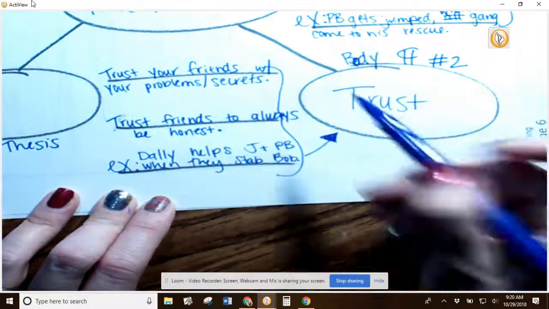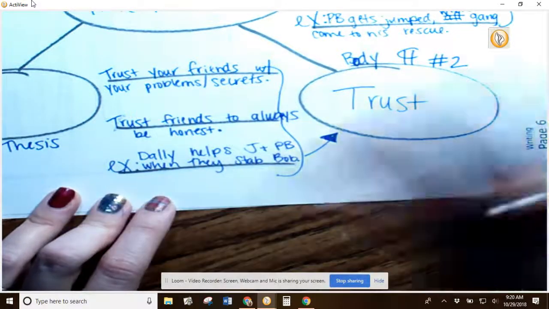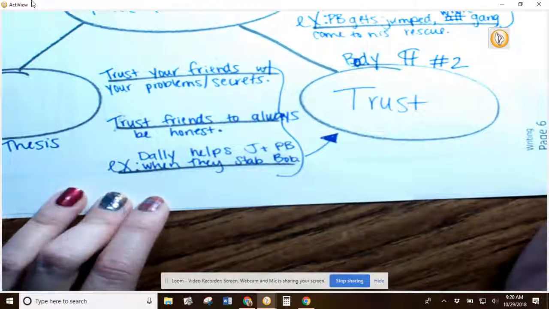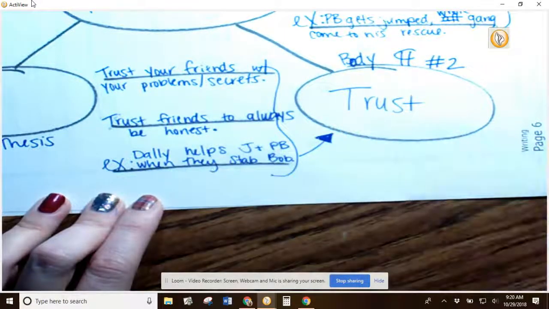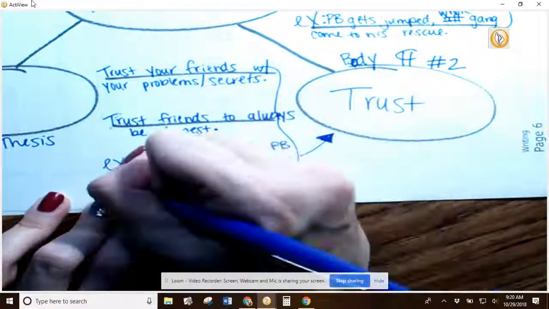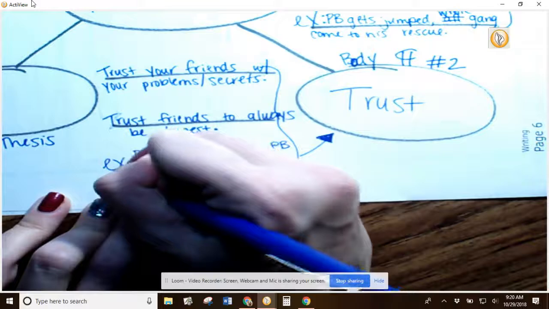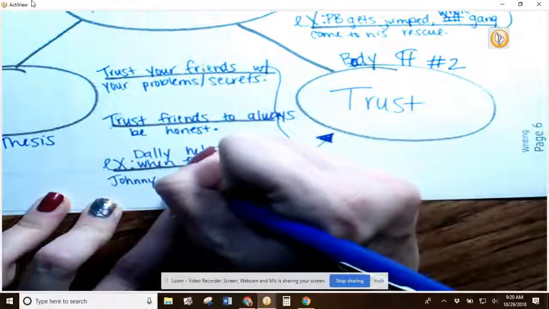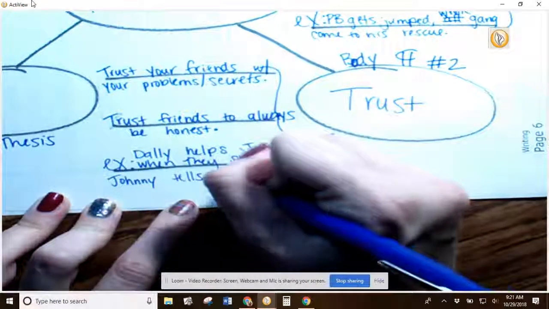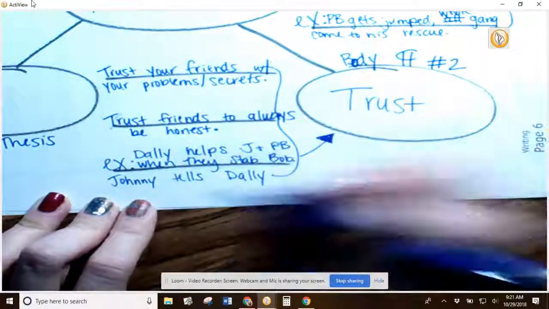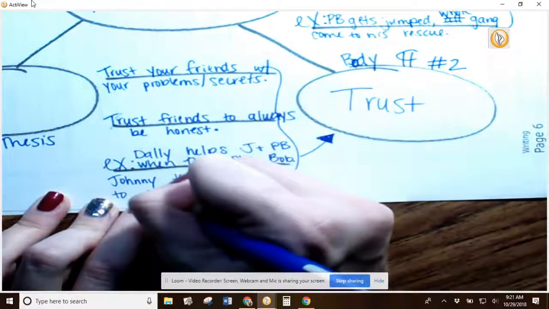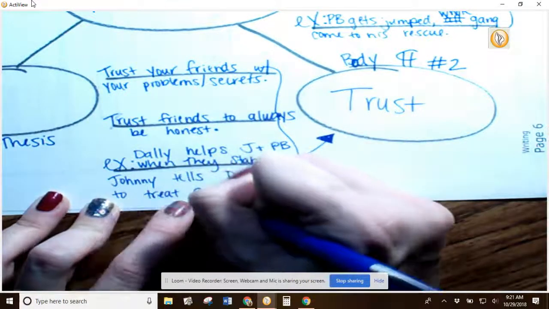What comes to mind when I think of this one, and again, there's lots of different things you can include, is when Johnny, remember at the movies, tells Dally off about the girls, tells Dally to treat the girls better or to leave the girls alone.